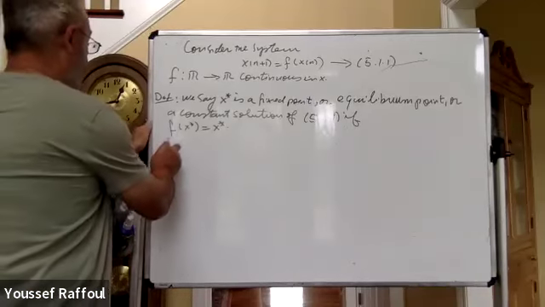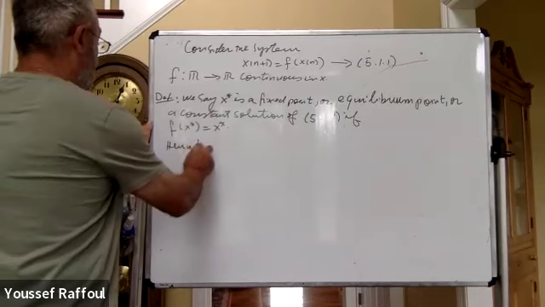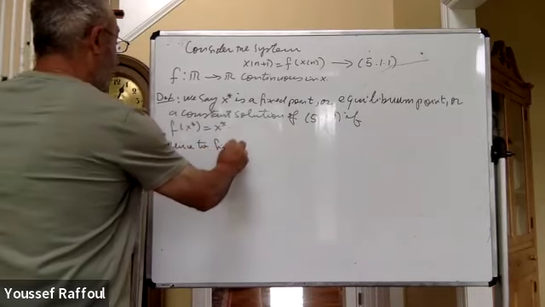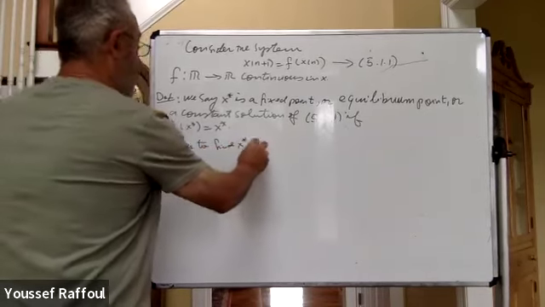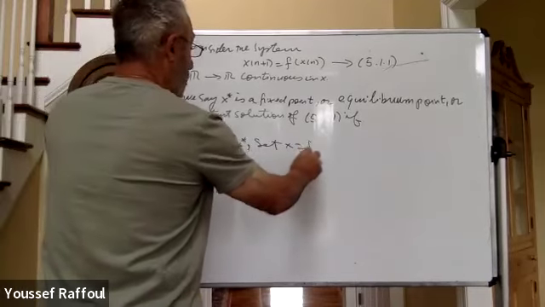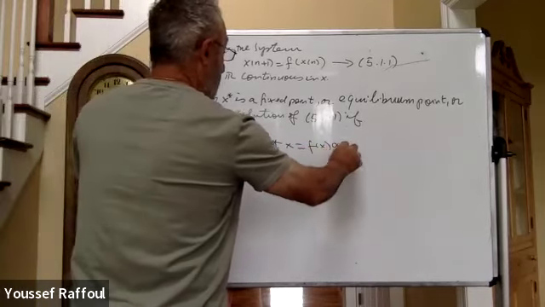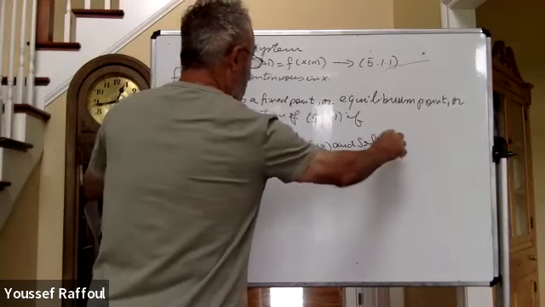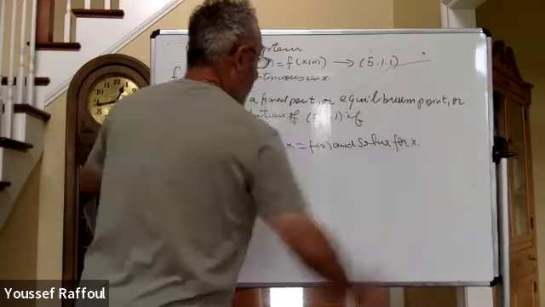Hence, to find x star, just set x equal f of x and solve for x.